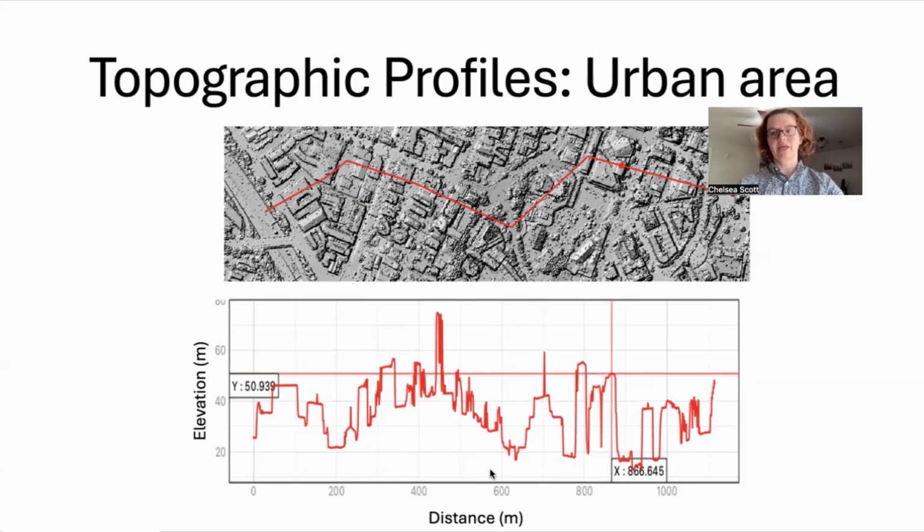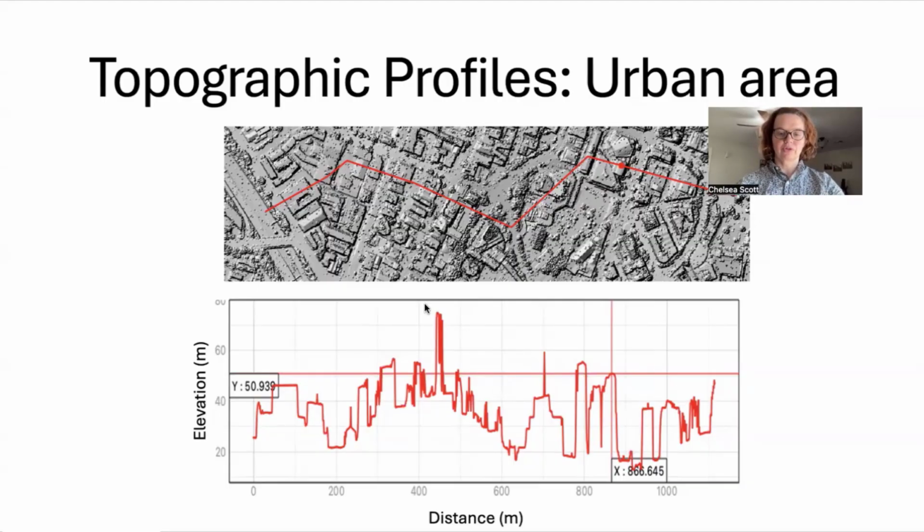In the bottom, this is a topographic profile that shows elevation versus distance. And the red line is the elevation recorded from the digital elevation model across this red line here.